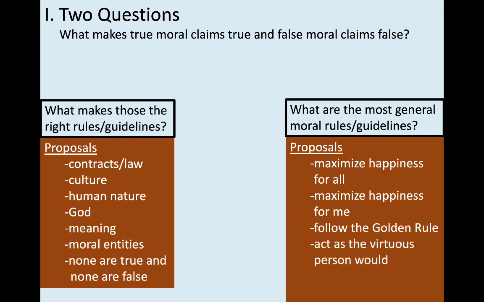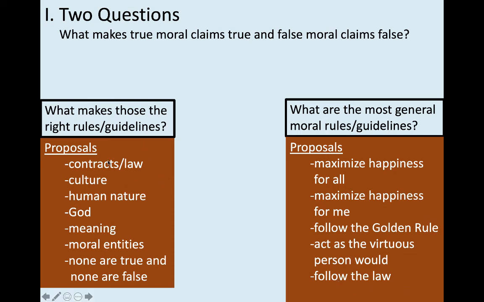Another possibility is that you should act as the virtuous person would. So the idea here is we should form some ideal of a virtuous person and just try to emulate that person, do what that person would do in any given situation. Another possibility is you should follow the law.